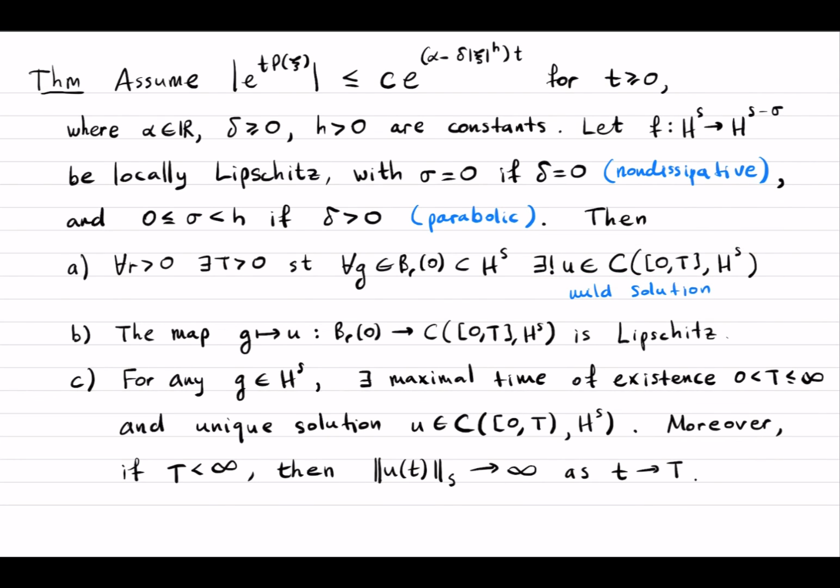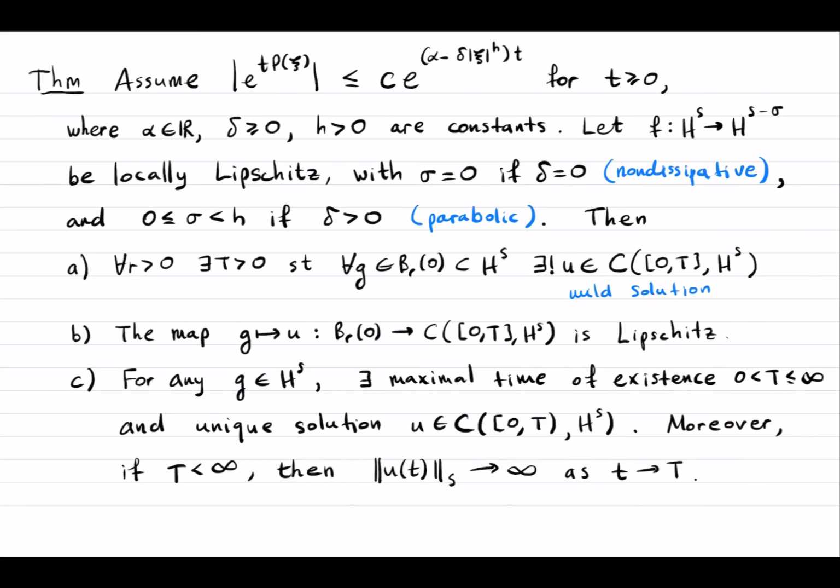And the length of this time interval, capital T, depends on r, meaning that it depends on the Sobolev norm of the initial condition. So you can see that this capital T can be taken as a non-increasing function of r. So if you give large initial data, this capital T will tend to become smaller in general.